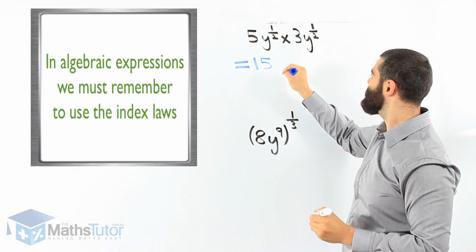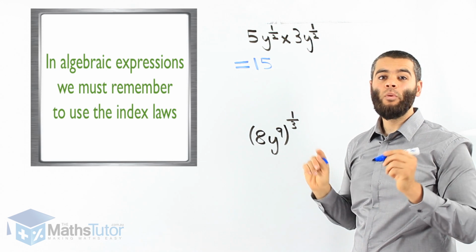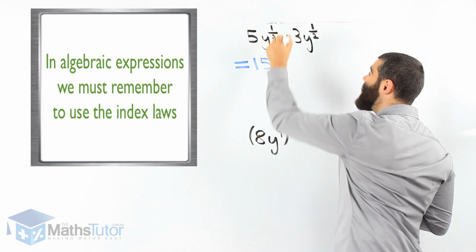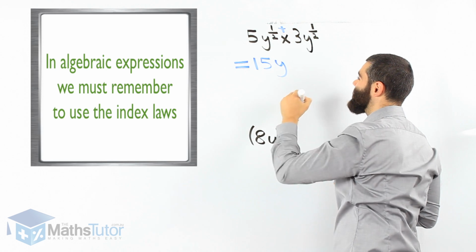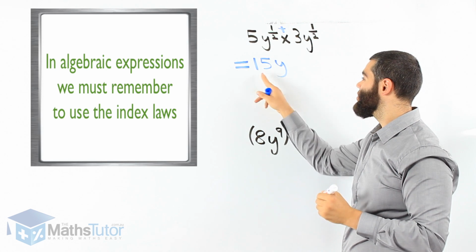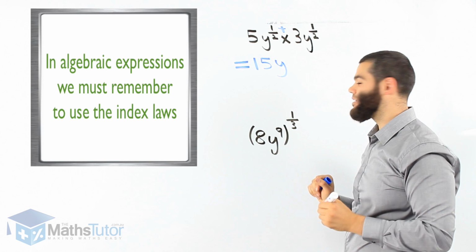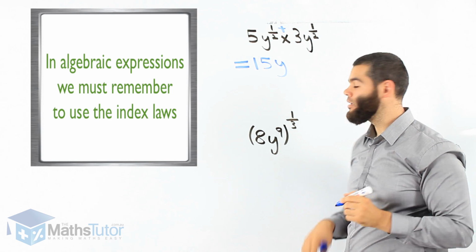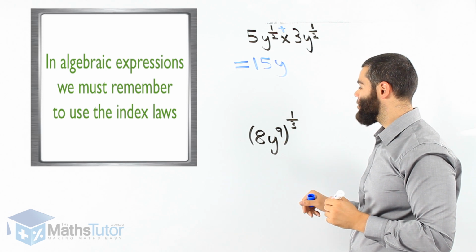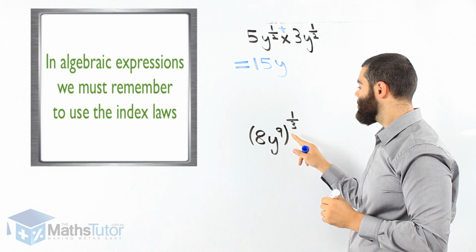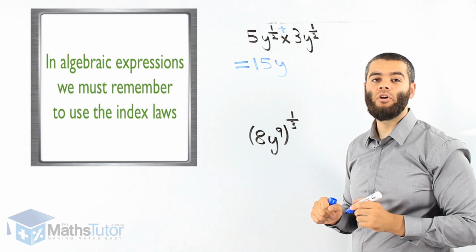Half, we know it's an index, times another index. We know when we are multiplying, we add the indices. So y and half plus a half is just 1, which is 15y. That's our answer, 15y.